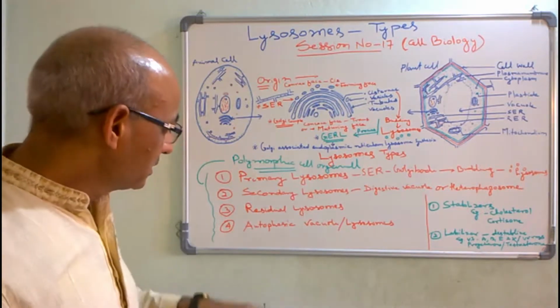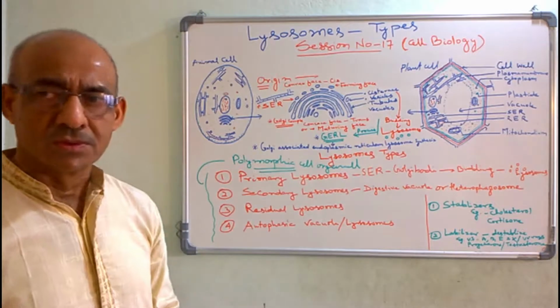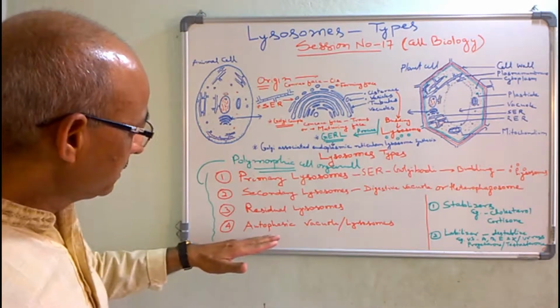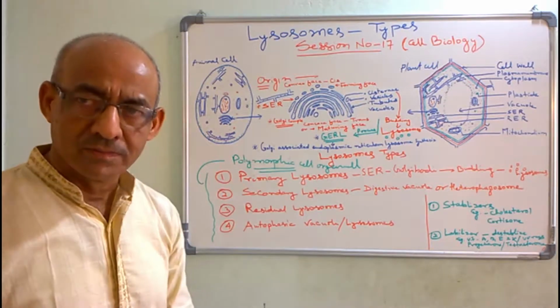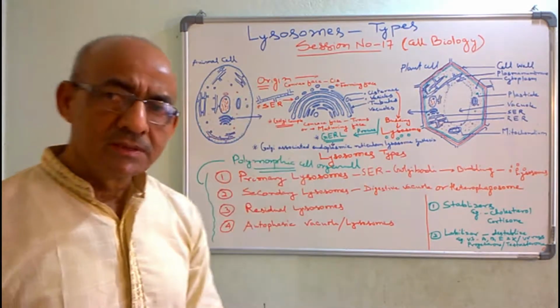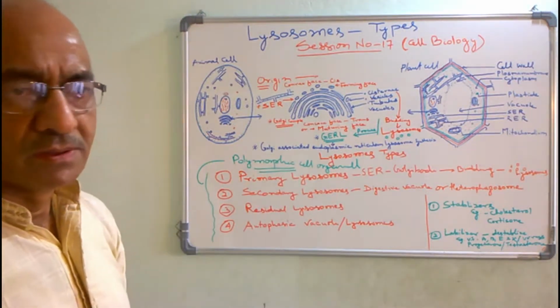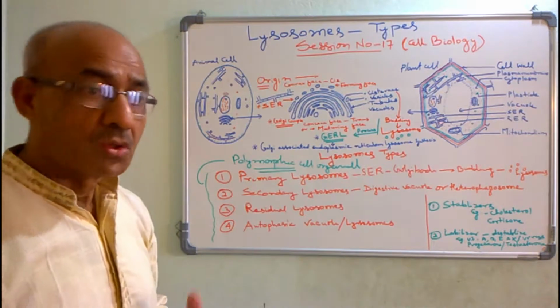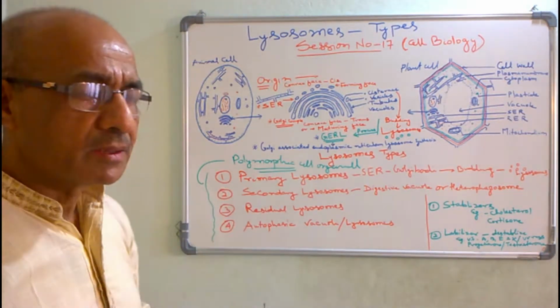Now we will discuss the fourth type of lysosomes. That is the autophagic vacuole or lysosome. During the 16th session, we already discussed autolysis. Again, I am repeating that process.